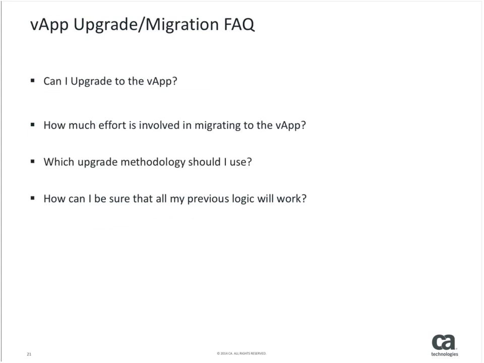When we talk about vApp upgrade and migration, the number one question is, can I upgrade to the virtual appliance? We want to say yes, but I want to put a big asterisk on it and say it all depends on the circumstances. So for example, if you have a complicated solution, using Sun Directory, which is our enterprise solution, using Oracle RAC, using WebSphere for IDM, and it took you anywhere between 1 and 2 years to implement, moving into the virtual appliance right now for Identity Manager might not be a good idea.